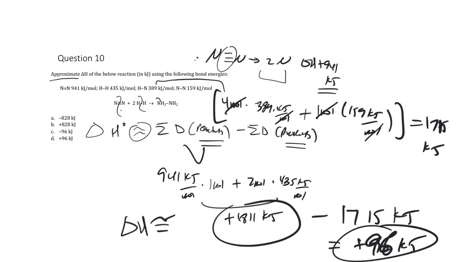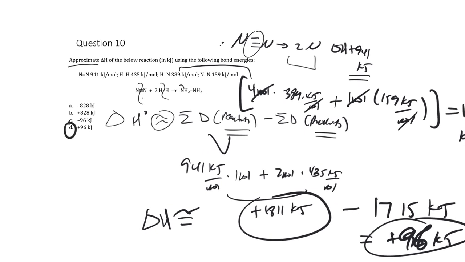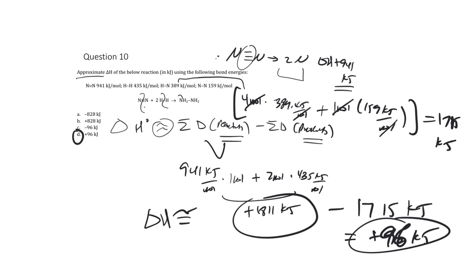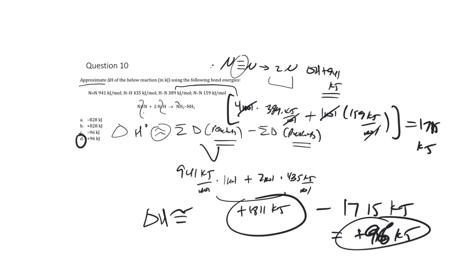Terrible writing, apologies. But that's the plus 96 kJs that works out to. I'm just making sure, 1811 minus 1715. Yep, plus 96. And so, again, the whole idea here is calculate the energy it takes to break the bonds in the reactants and then sum up how much energy you get back when you make the new bonds in the products.